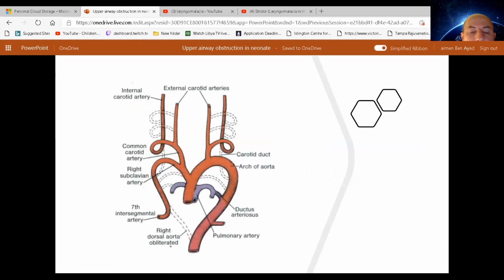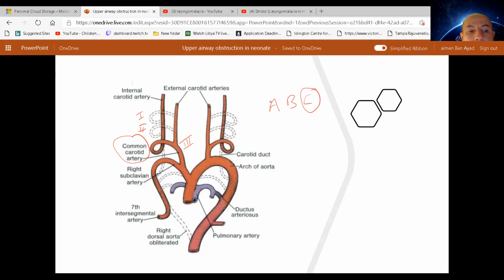So let's go one by one. You have the first aortic arch and the second aortic arch; both of them degenerate. The third aortic arch becomes the common carotid artery. If you remember, the third is the ABC. So the third one is the common carotid artery, and from it we have the internal and external carotid arteries.